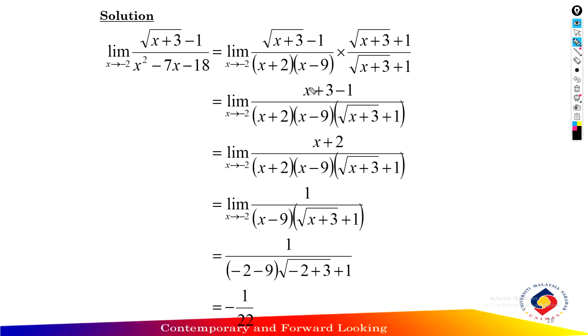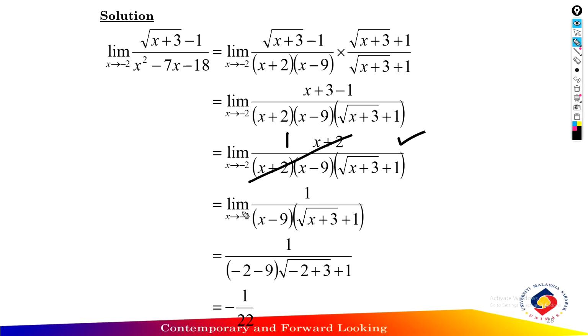The numerator x plus 3 minus 1 equals x plus 2, and the denominator is (x plus 2) times (x minus 9) times (square root of (x plus 3) plus 1). The numerator x plus 2 and denominator x plus 2 cancel and equal 1.